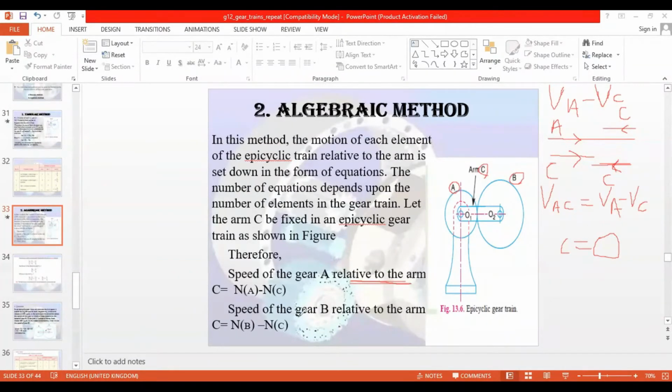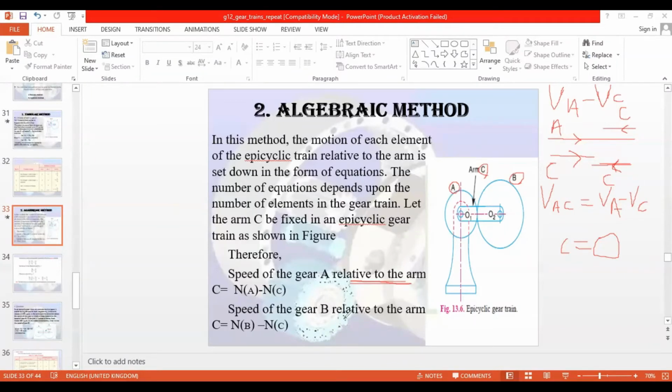Then again, the speed of gear B relative to arm C is NB minus NC, the velocity of B minus the arm.